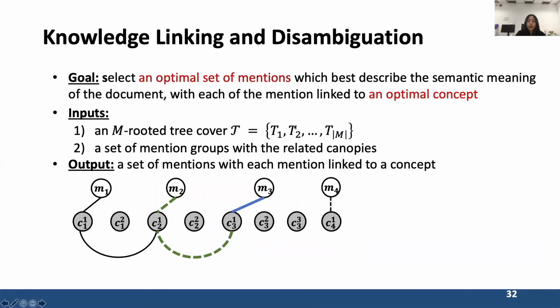Our final knowledge disambiguation task is to select an optimal set of mentions which best describe the semantic meaning of the document, with each of the mentions linked to an optimal concept. So the input is an M-rooted tree cover and a set of mention groups with the related canopies, and our output is a set of mentions with each mention linked to a concept.